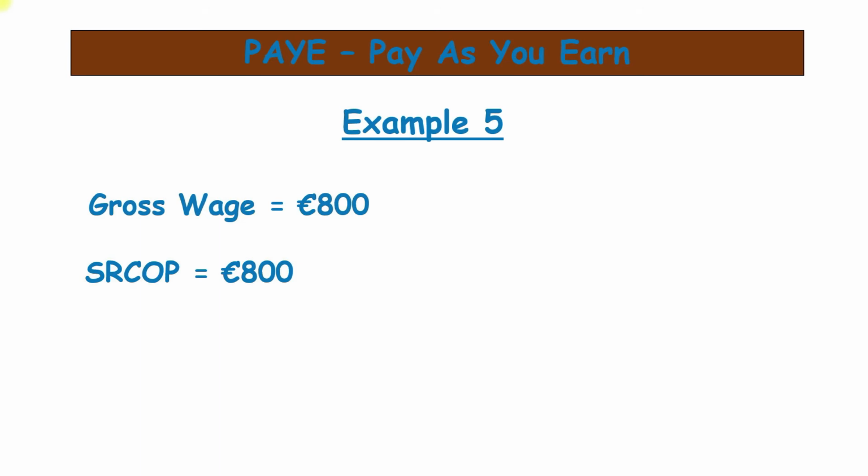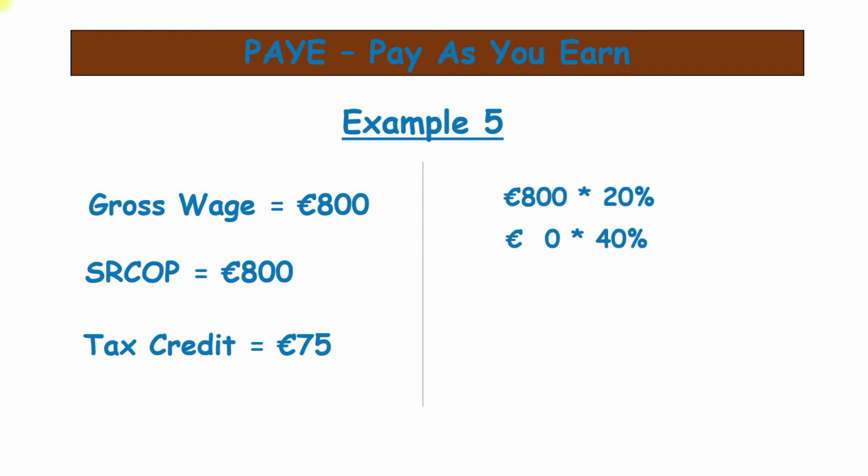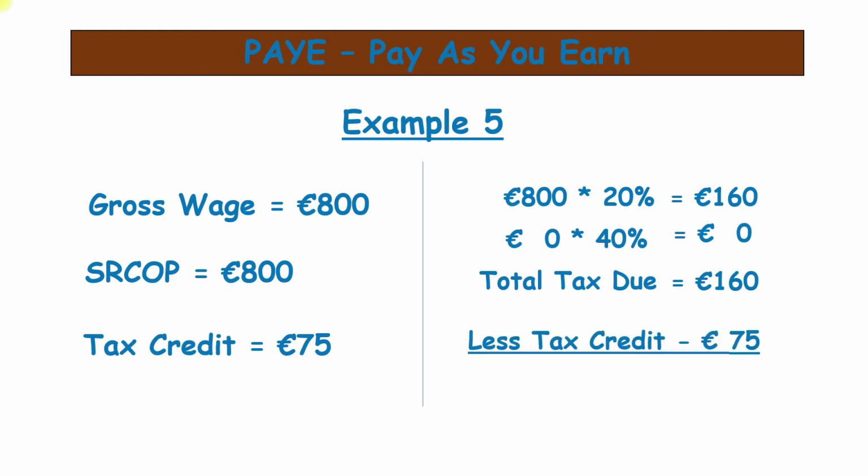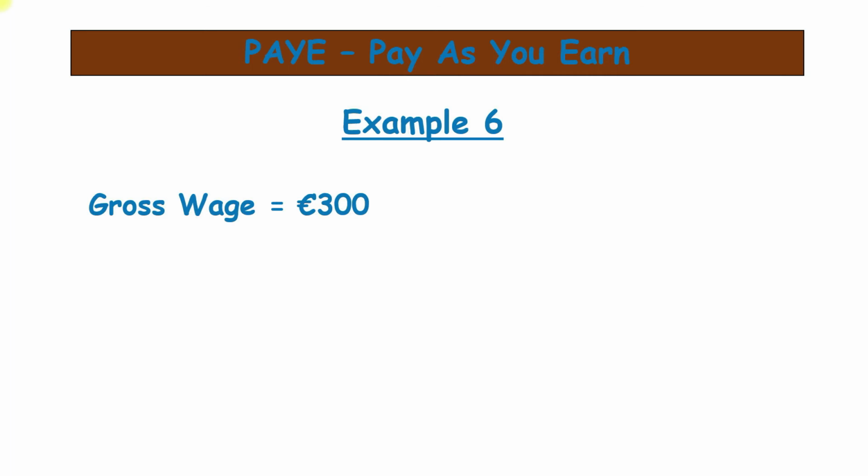Example 5 shows the calculations done when the gross is the same as the SYOB. Example 6 shows that in some cases, there may be no PAYE due at all.